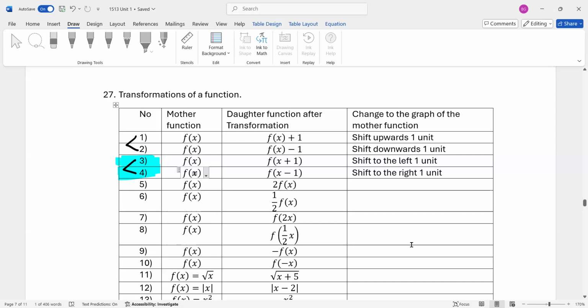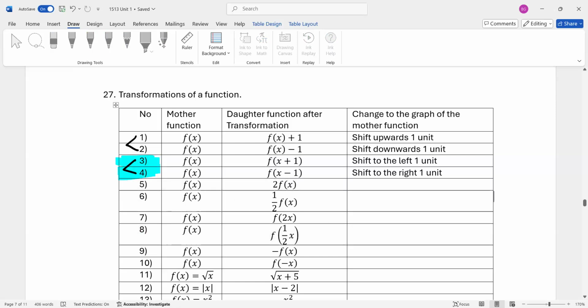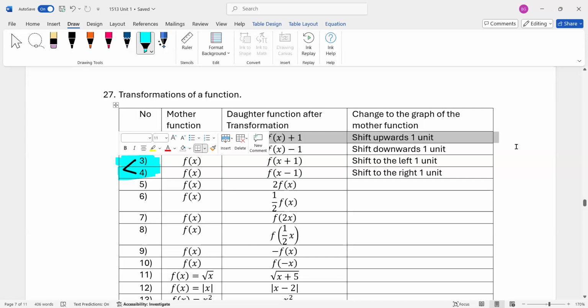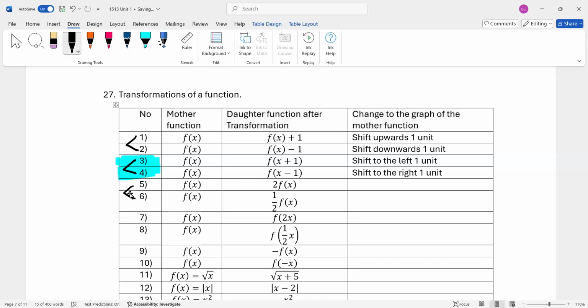Number 5 and number 6. The transformation or the treatment that happened to number 5, number 6: the treatment happened to y, okay? Again, f of x is y.